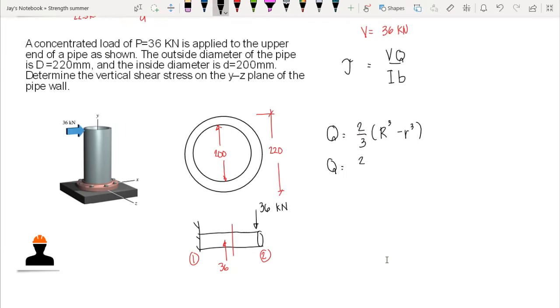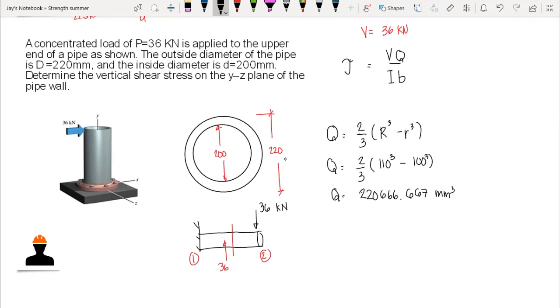So we have 2/3 times 110 cubed, the outside radius, minus 100 cubed, the inside radius. This gives us the value of Q, which is 220,666.667 cubic millimeter.